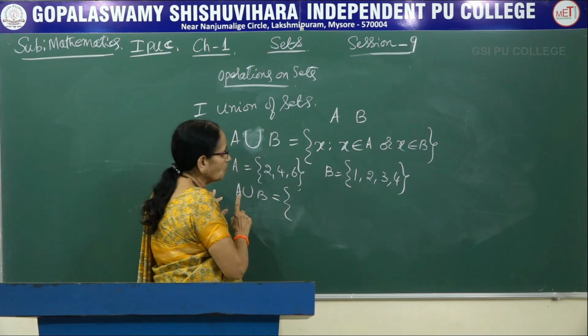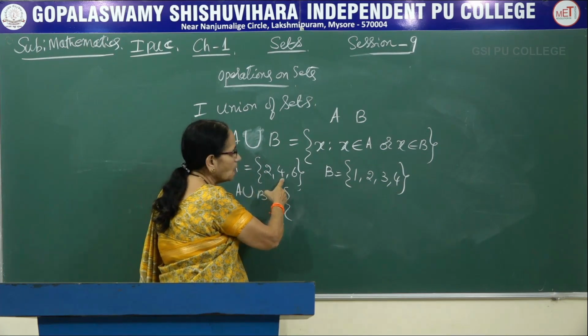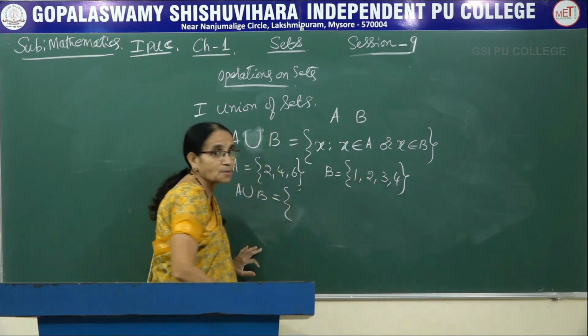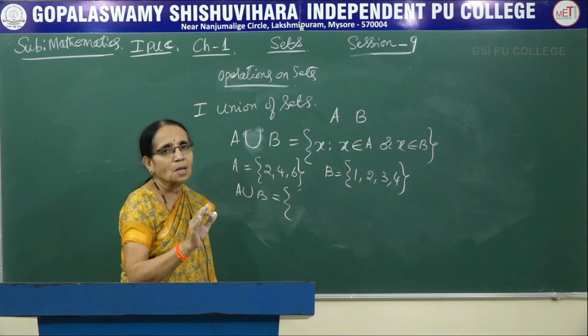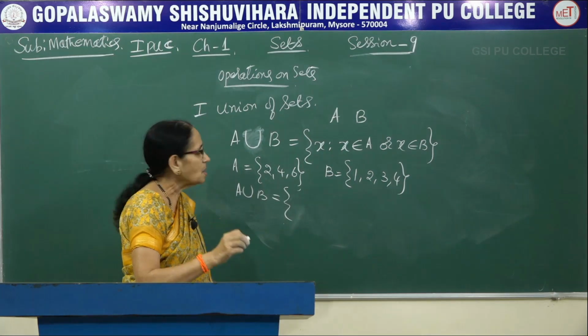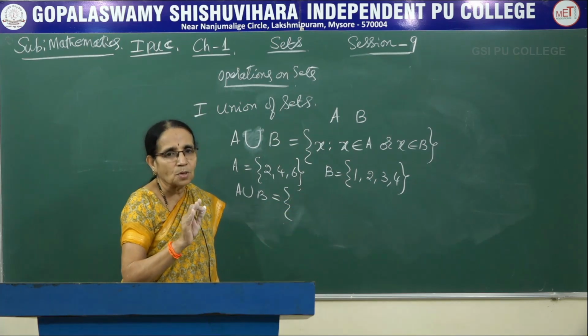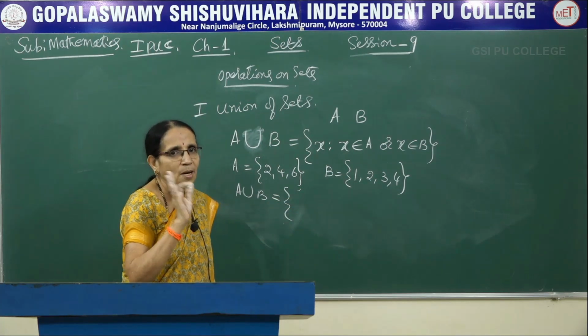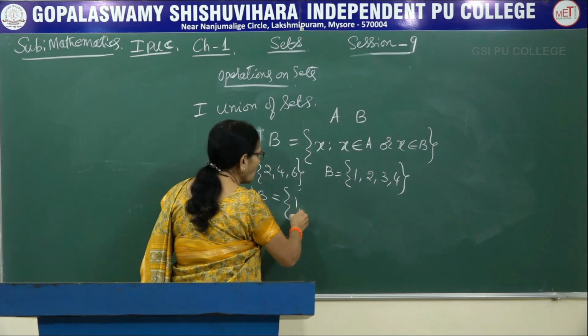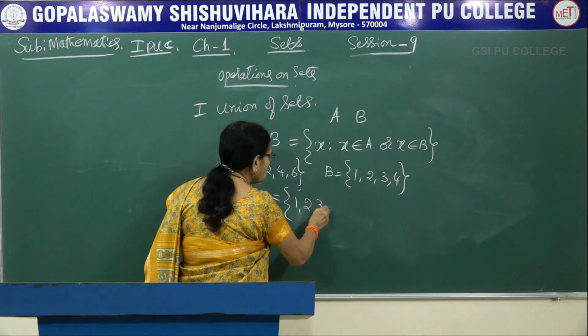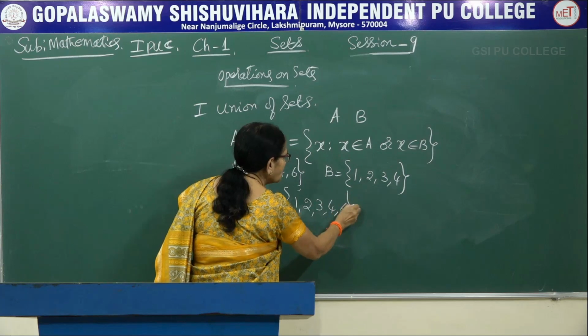Now, you observe one thing. 2 and 4 are present in both the sets. That doesn't mean that you have to write them twice, it is not necessary. If an element is present in both the sets, it is enough if you write it only once. So, let me write 1, 2, 3, 4, 6.